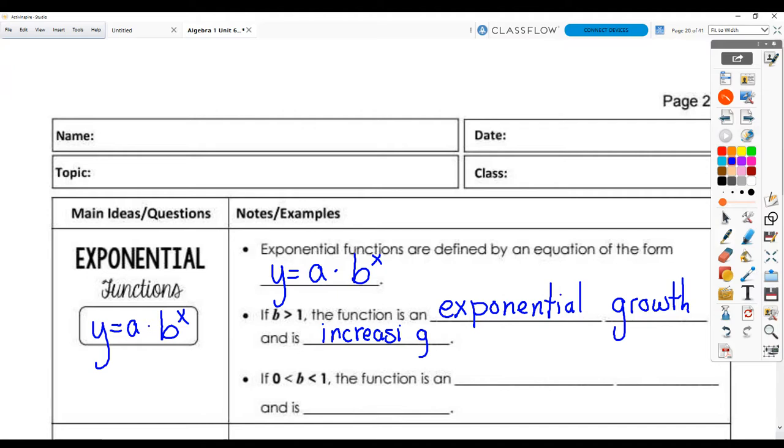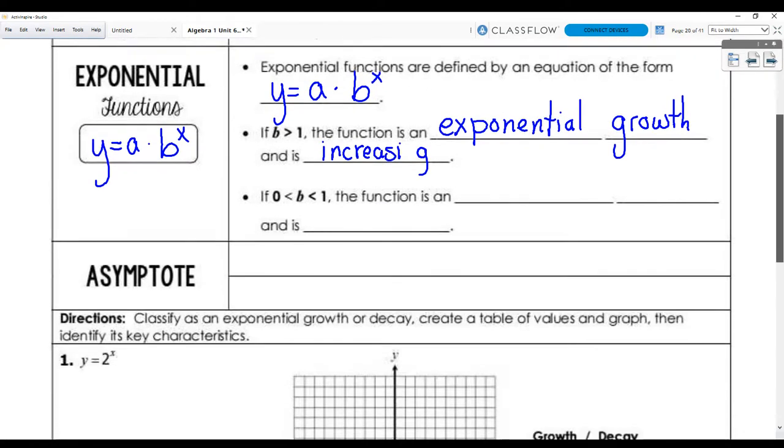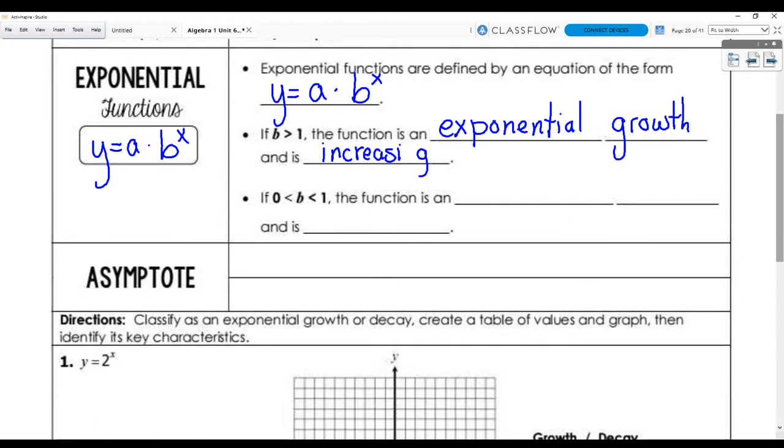If b is a fraction or decimal in between 0 and 1, then it is an exponential decay. And as time goes on, it is decreasing.